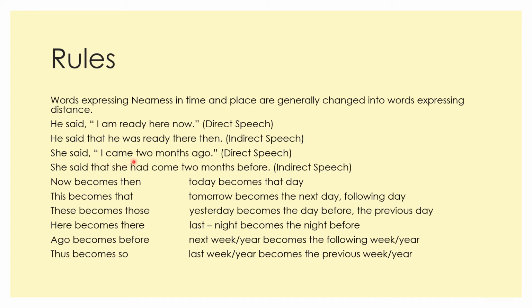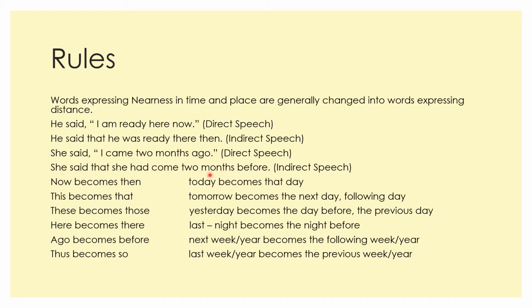She said, I came 2 months ago. So here, ago is the word which expresses nearness in time and it has changed to before. So in the indirect speech, it will be she said that she had come 2 months before.